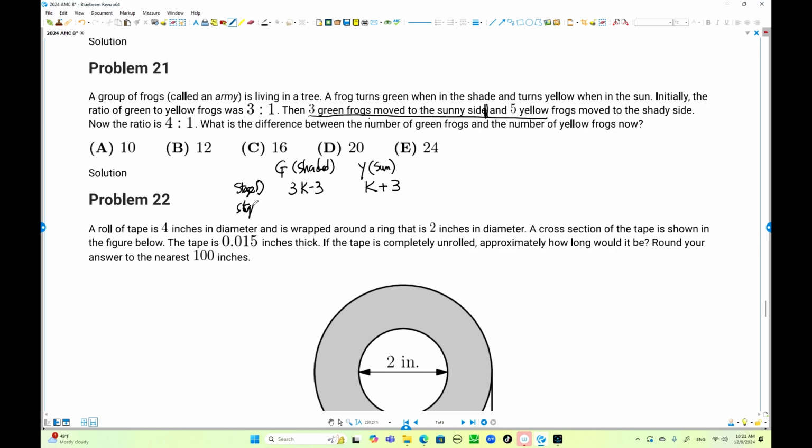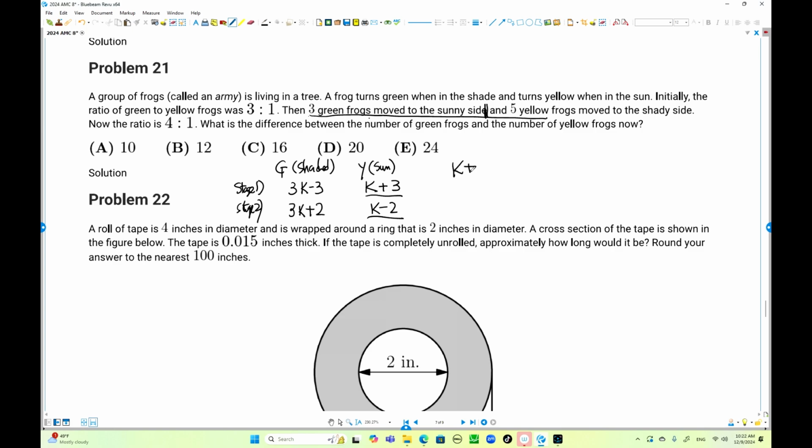Second stage, 5 yellow move over here. 3K minus 3 plus 5 is plus 2, right? This is like K plus 3 minus 5 is K minus 2. That is right, stage 2. After that, they check their ratio again. 4 to 1, okay? This is 4 to 1.